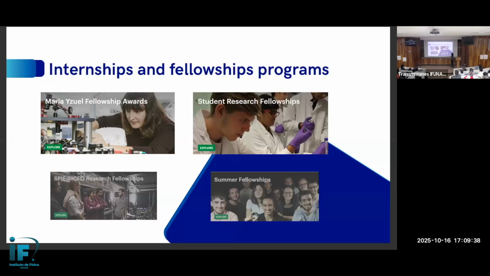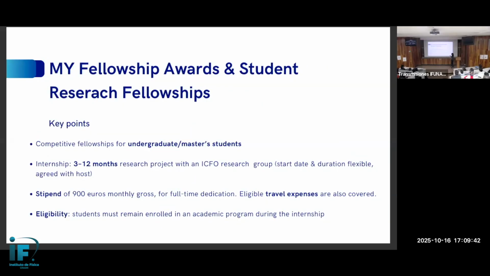As I said, they are very similar to each other, and are aimed at undergrad and master students who want to do an internship at ICFO for up to 12 months under the supervision of one of our group leaders.